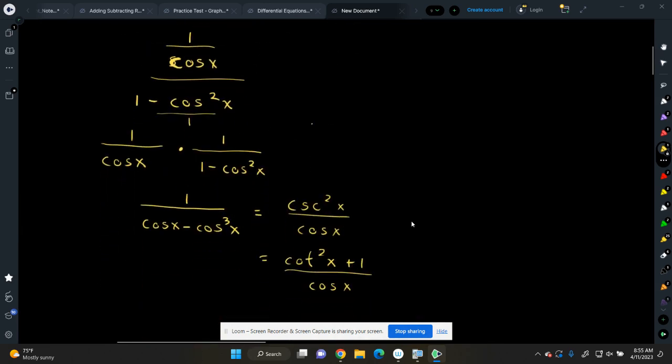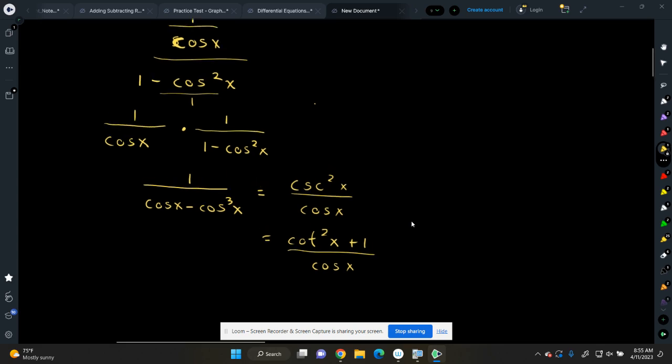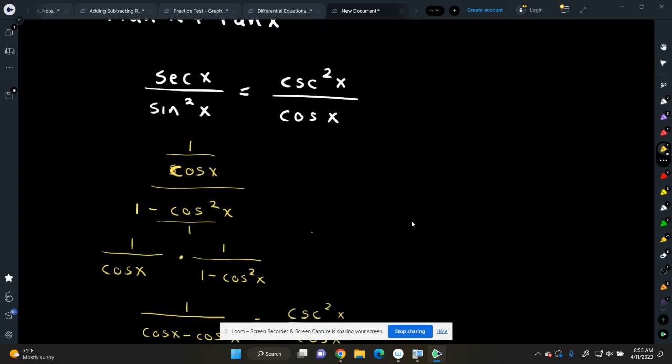So sometimes what happens is when you work on one side, it starts to get more complex instead of simplifying, right? When that happens, it's time to go back and try a different approach because it didn't simplify. It got worse. So I'm going to go back up and say, instead of starting with the left side, let's start with the right side.